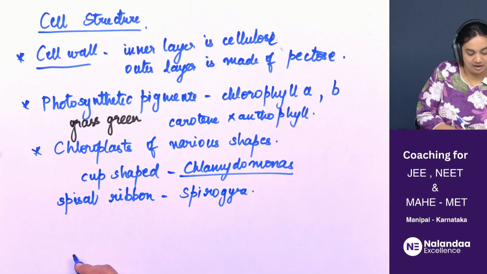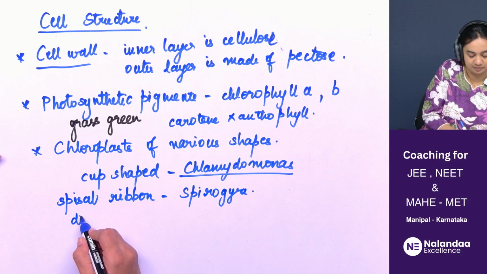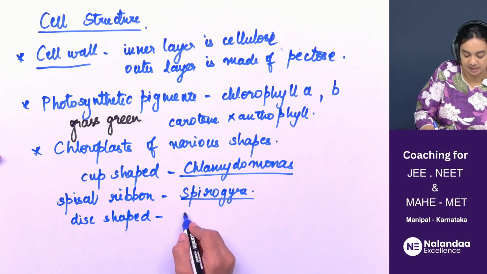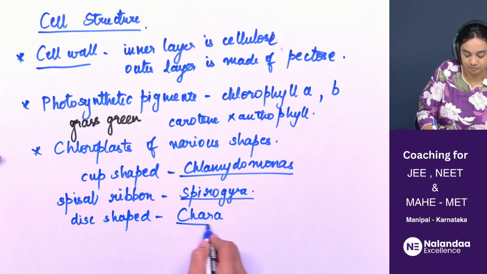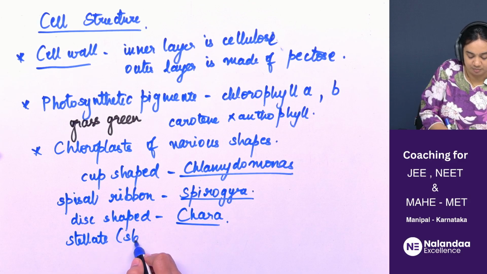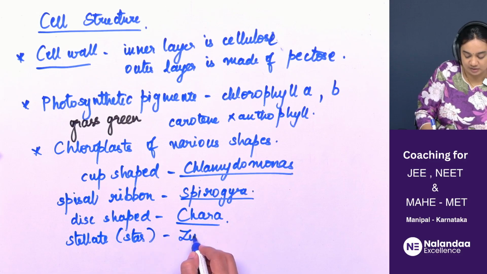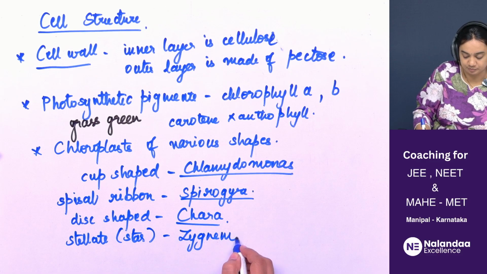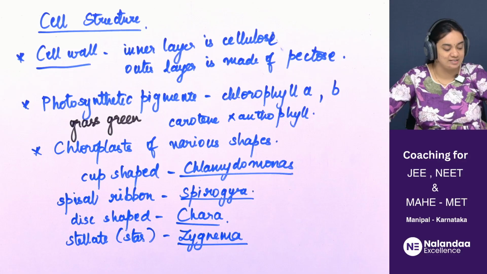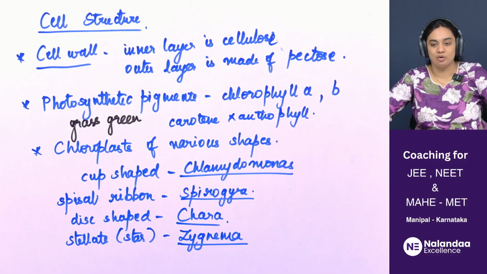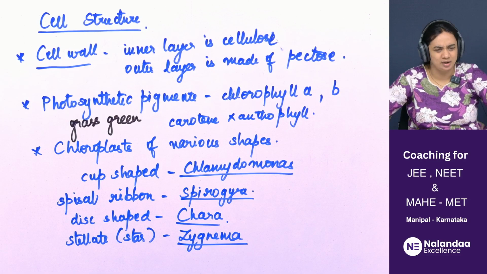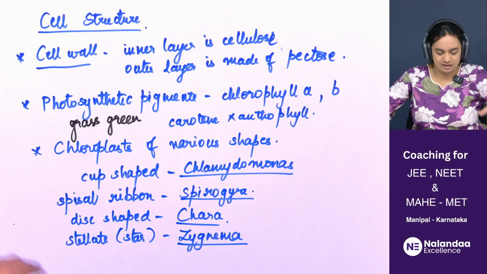Then we can have disc shaped chloroplast, which we see in Chara, and stellate, meaning star shaped chloroplast, as in Zygnema. So these are the different shapes of chloroplast. This is a very characteristic feature that we see only in Chlorophyceae. Like this we can also have network-like chloroplast.